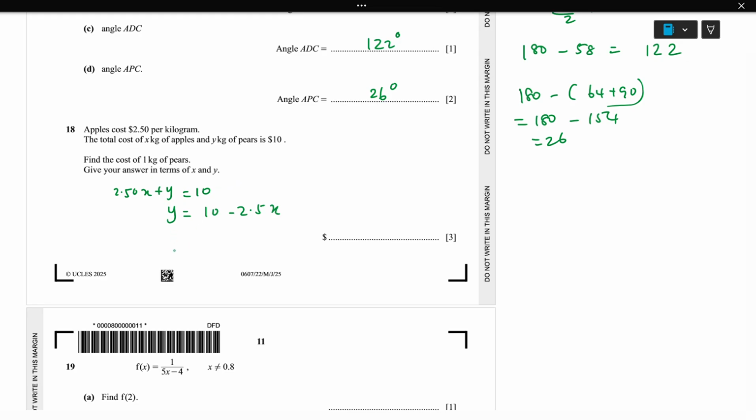So now I want to make 1 kg, so we divide both sides by y. The answer is 10 minus 2.5x over y.